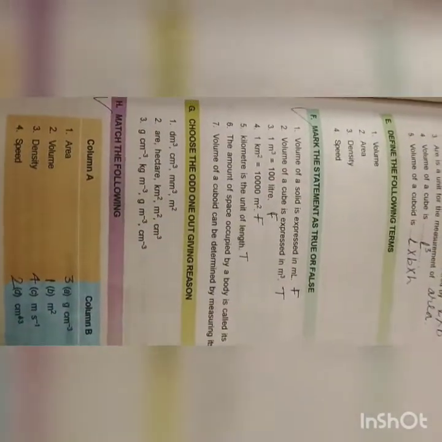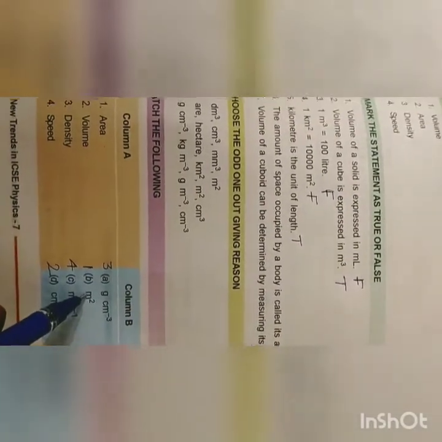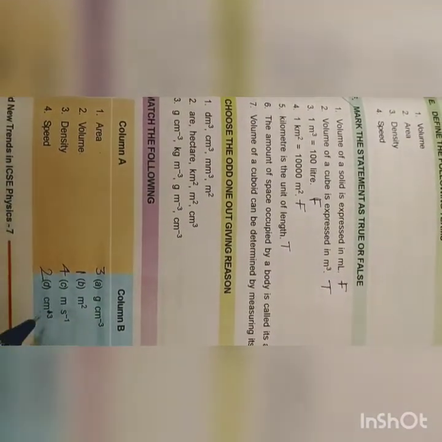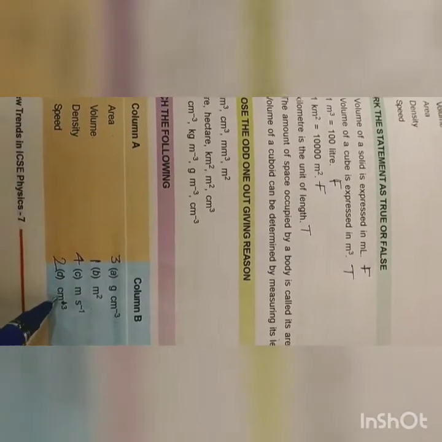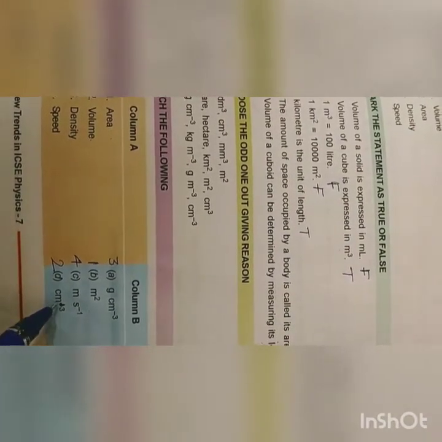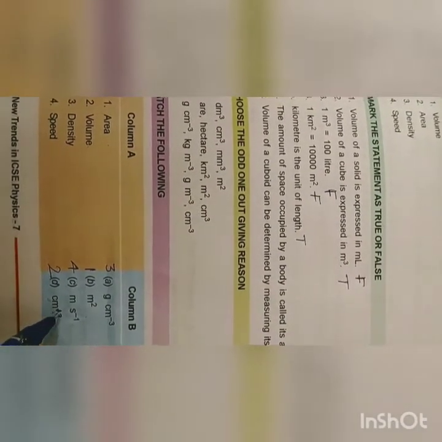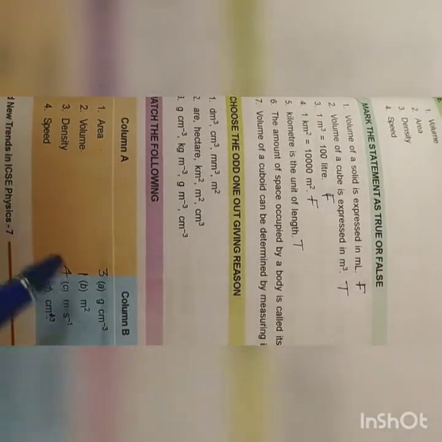Now next one. Match the following. Area, its unit is meter square. And volume, its unit is meter or centimeter cube. Here a minus 3 is given, so make it plus. Its unit is not minus, it's by mistake, some printing mistake is there, so make it centimeter cube, not minus 3 here. Just remove this negative sign.